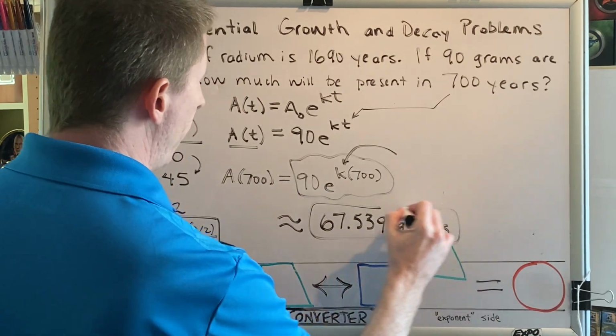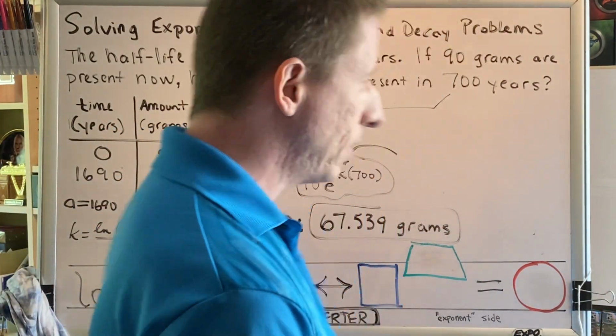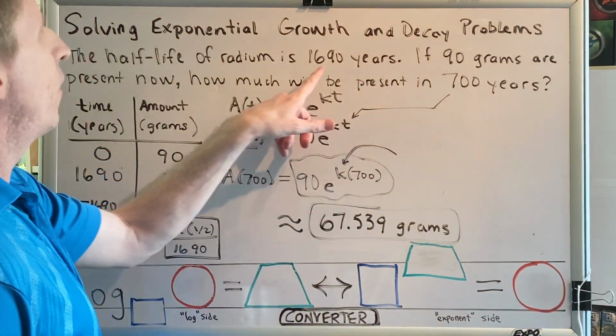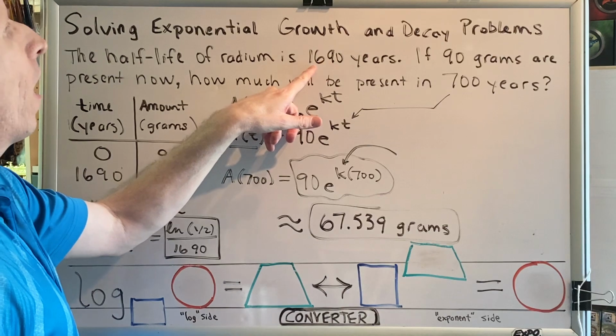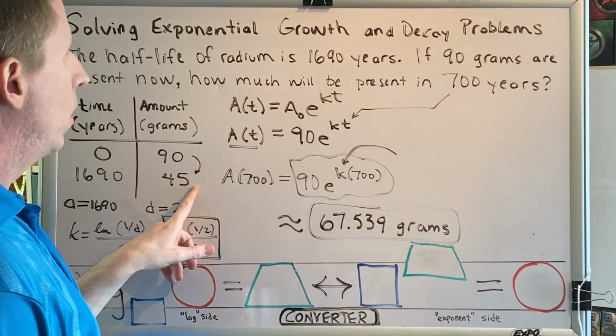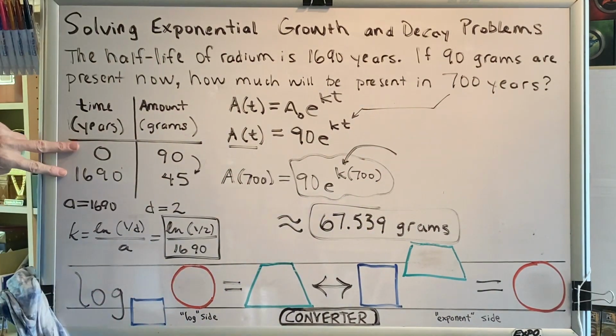All right, this is our final answer, but before we call it done, let's verify that this answer makes sense to us. We know that we started with 90 grams, and that if 1,690 years go by, that amount will be cut in half, which will take it to 45. So, how much time is passing? 700. That's not quite as much. Going from 0 to 700 is less than going from 0 to 1,690.